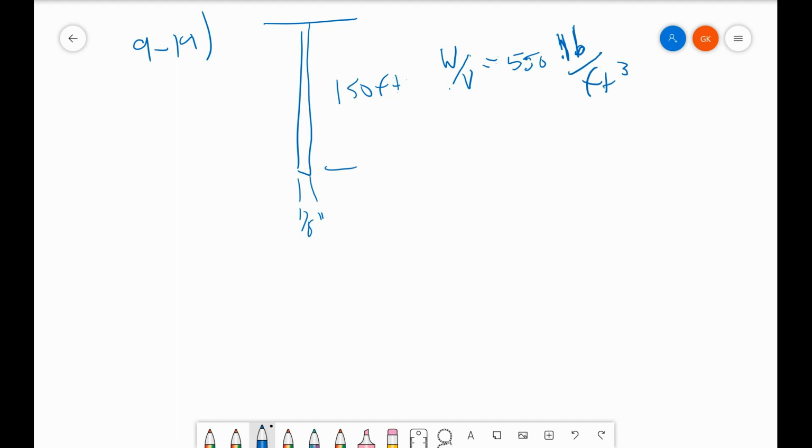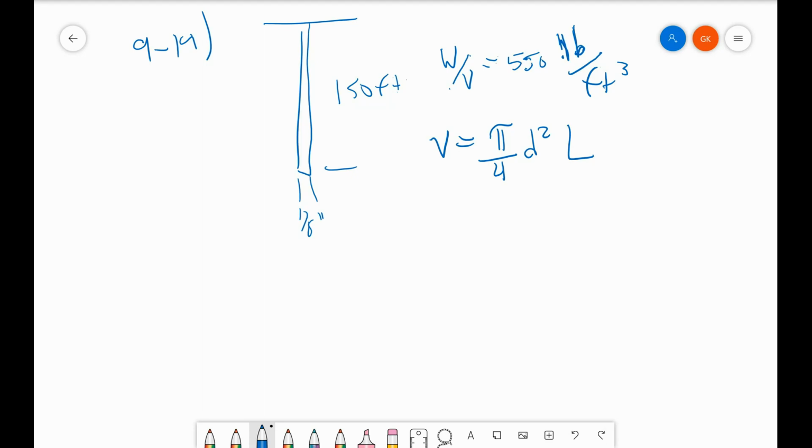Now let's stop there because weight per volume isn't as helpful as just plain old weight. So let's figure out the volume of this wire. The volume would be equal to its area, since it's circular, pi over 4 d squared, times its length. This is the volume of a cylinder.